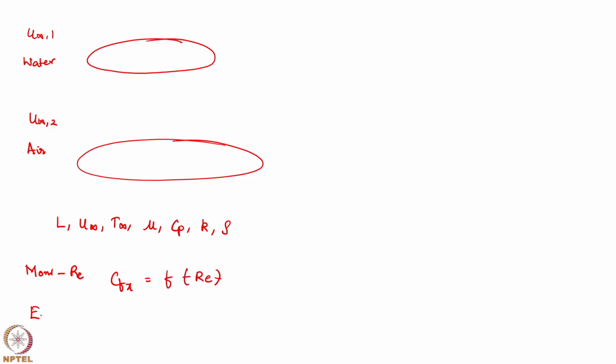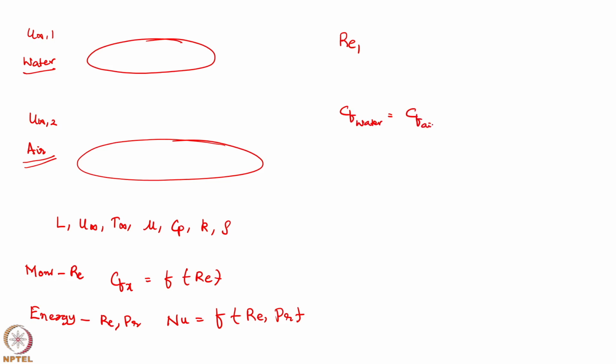But when you non-dimensionalize the energy equation, you got Re and Pr. That means Nusselt number is a function of Re and Pr. From scale analysis also we found that. But can I use the results for water for air? Yes, I can use them, provided for Cf of water to be equal to Cf of air, I keep Re of water equal to Re of air.